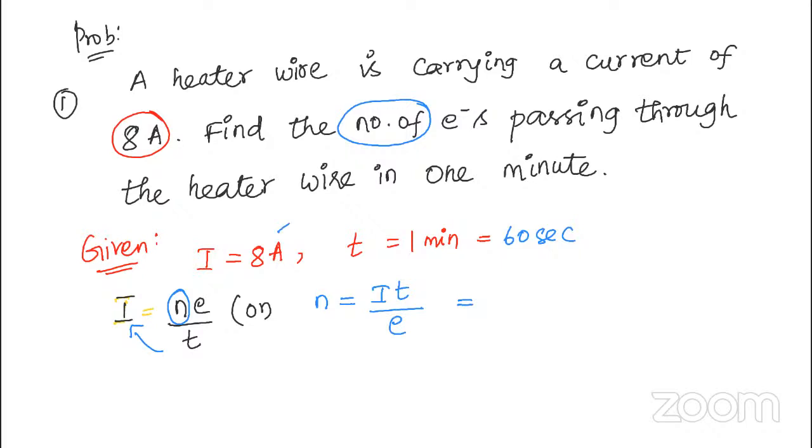So here the I value is here and the T value is here. And what about the value of E? E is nothing but the charge of the electron. So what is the value of E? Message me and let's see.